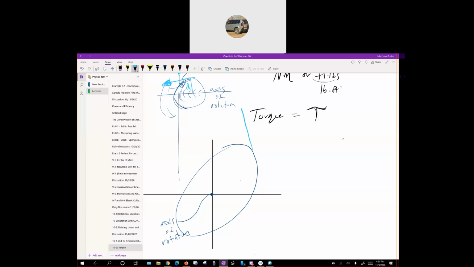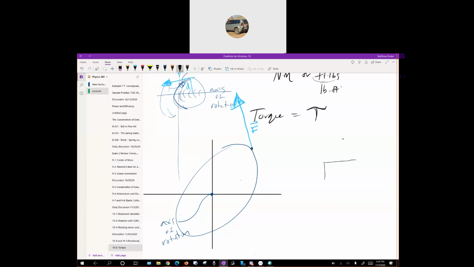Now I'm going to apply a force like this. Now this force is a vector, right? It has magnitude and direction. And I'm going to apply it not through the mass center. That doesn't have to be the mass center, but we're definitely not applying it through the mass center. We're applying it through the edge.